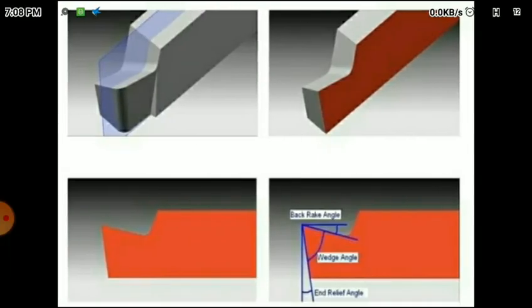So you can see here, at the top, in the fourth diagram, the back rake angle. It is an angle between the face of the tool and a line parallel to the base of the tool, measured through the perpendicular plane.